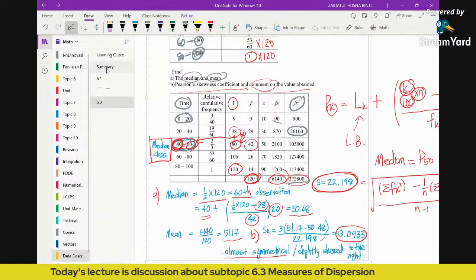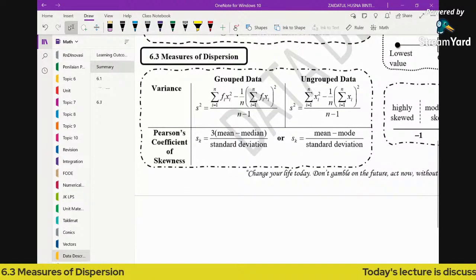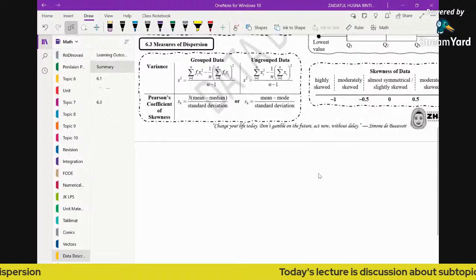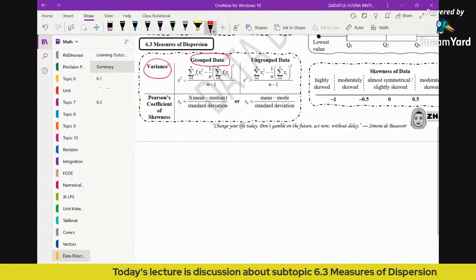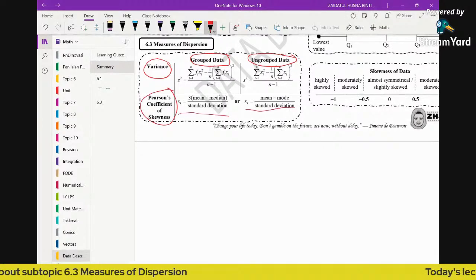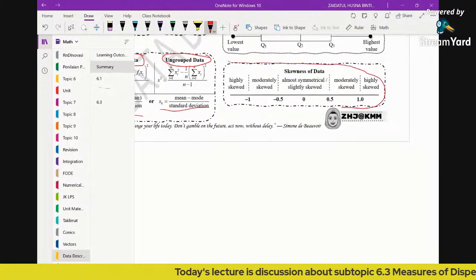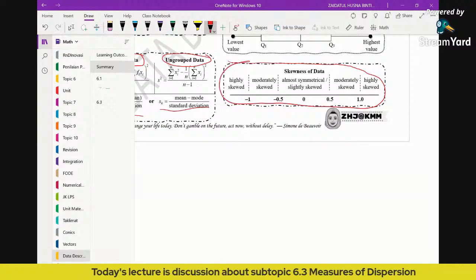Now if we look at the summary, you can use the summary here to guide you and help you solve the problem. You can find the formula of variance for both grouped and ungrouped data, and you can find the Pearson's coefficient of skewness here. This formula is applicable for both grouped and ungrouped data. And this is the degree of the skewness.